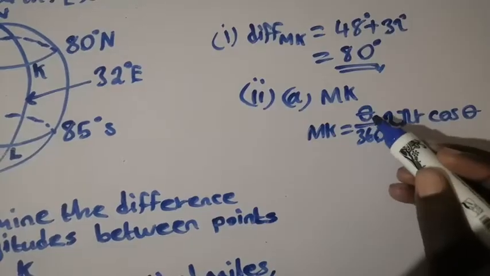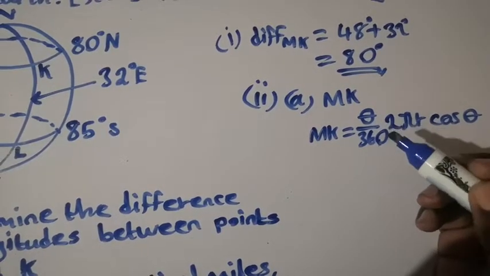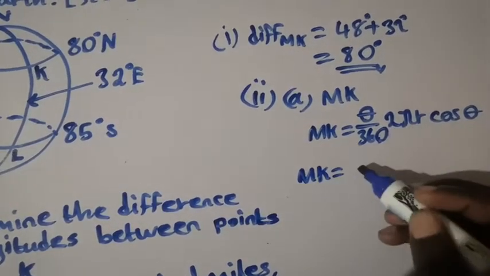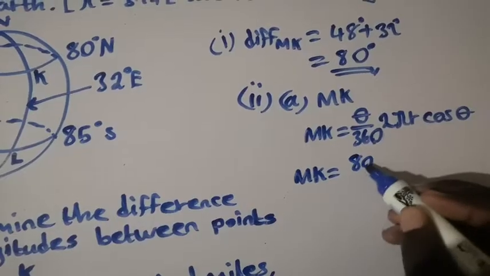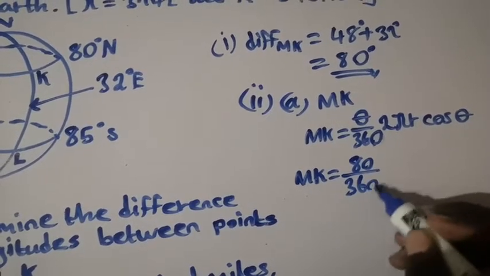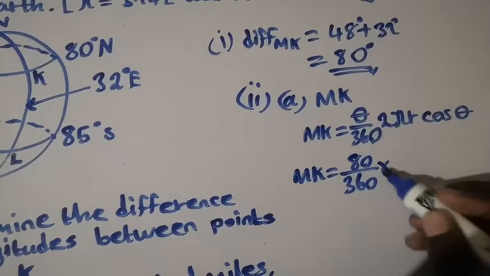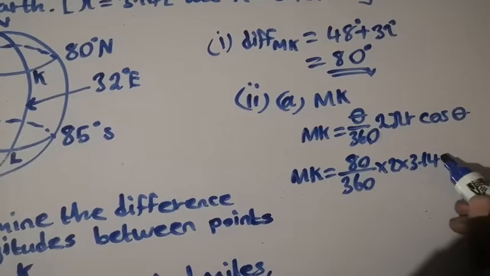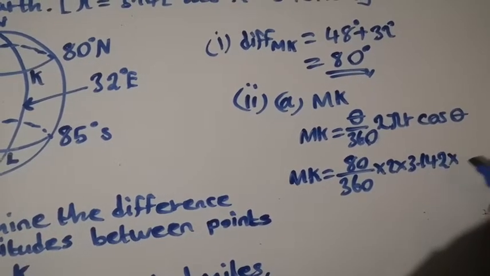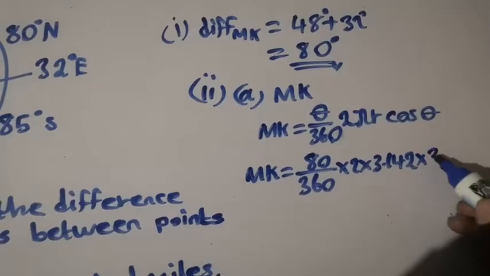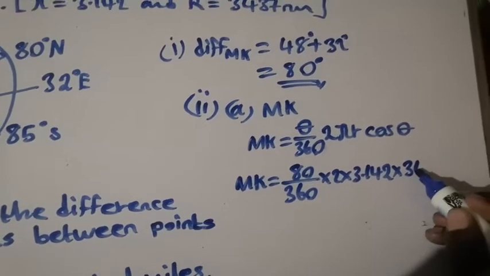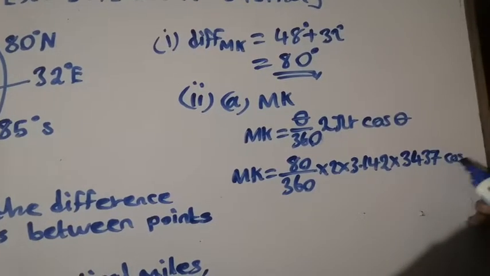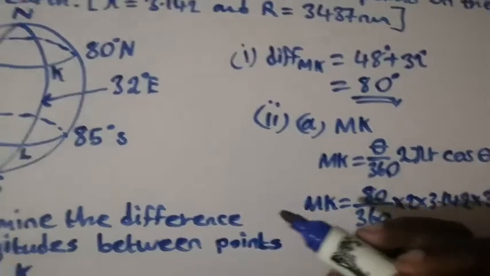Where there is theta, we are going to replace the difference we calculated. So it is going to be MK equal to 80 over 360 times 2 times pi, 3.142, times radius, 3,437, times cos of the angle.